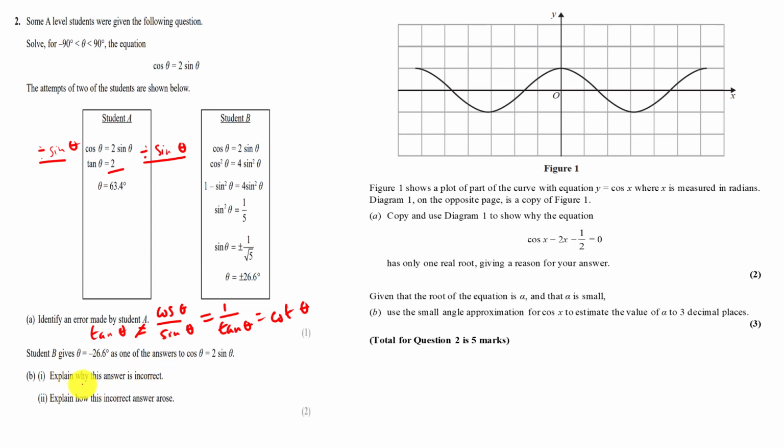Now B(i), explain why this answer is incorrect. Student B gives theta equals minus 26.6 as one of the answers. 2 cos theta equals 2 sine theta.